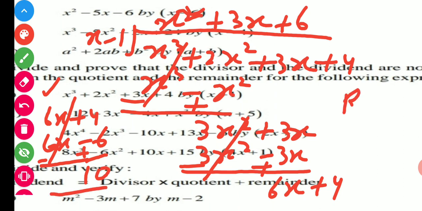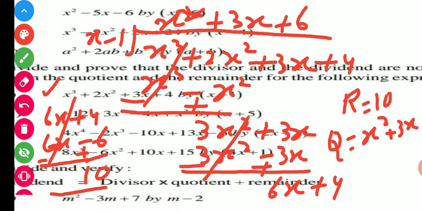So remainder is 10, and quotient is x square plus 3x plus 6. So that is the answer. It is not a multiple factor of the given polynomial because there is a remainder 10. इस remainder की वजह से ये multiple factor नहीं होगा.